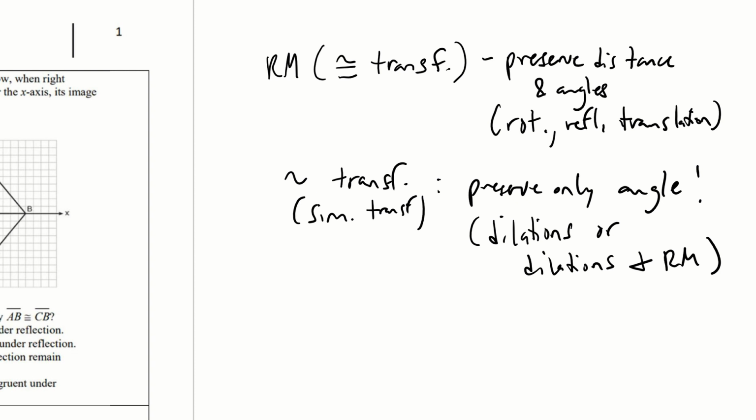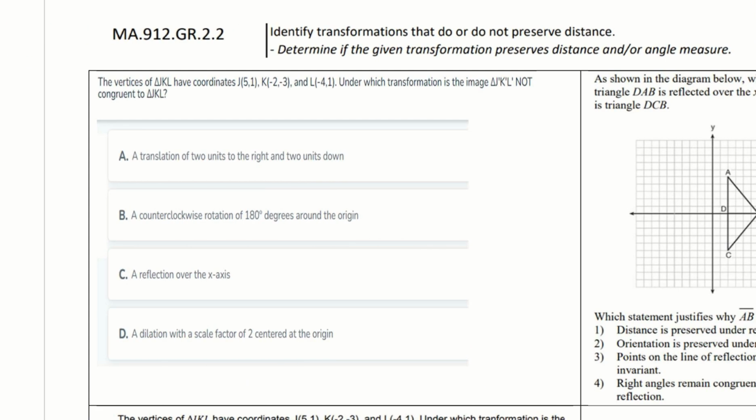So it could be a congruence transformation combined with a dilation. It's still going to be a similarity transformation, because if I do a dilation, it's going to change the size and it no longer preserves distance. As long as you got a dilation tossed in there, this is always going to be a similarity transformation, and it's only going to preserve the angle but not the distance.